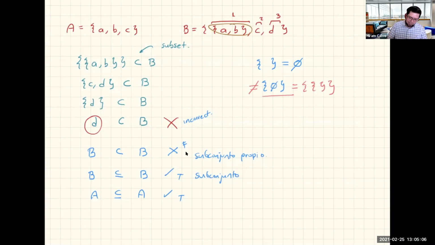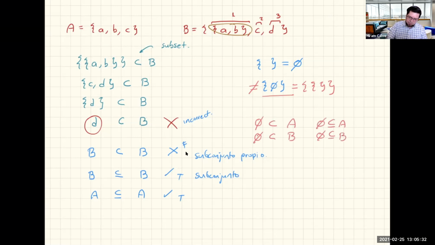Now, the empty set is a subset of any set. So I can say the empty set is a subset of A, the empty set is a subset of B, and also we can write this.